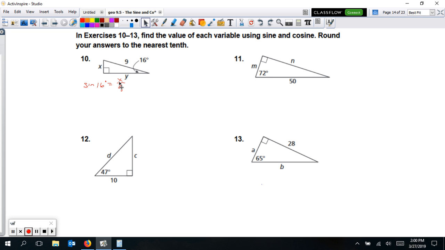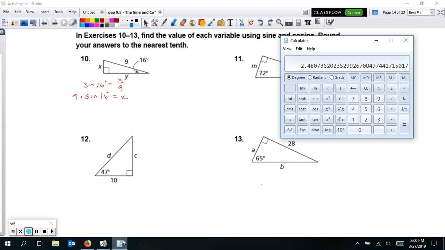We're going to multiply both sides by 9, so 9 is going to multiply the sine of 16 degrees. So we'll see 9 times the sine of 16 degrees is equal to x. So just now we would use our calculator, and we have to put in the sine of 16 degrees first. On this calculator you have to put the number in first, 16, and then hit the sine button.